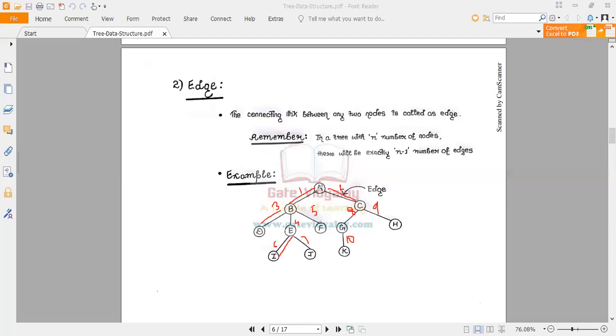And how many nodes are there? 1, 2, 3, 4, 5, 6, 7, 8, 9, 10 and 11. 11 nodes are there and we have 10 edges. That means it is a tree, because we have n nodes and exactly n minus 1 edges. So this will be considered a tree. So any line connecting two nodes will be considered an edge.